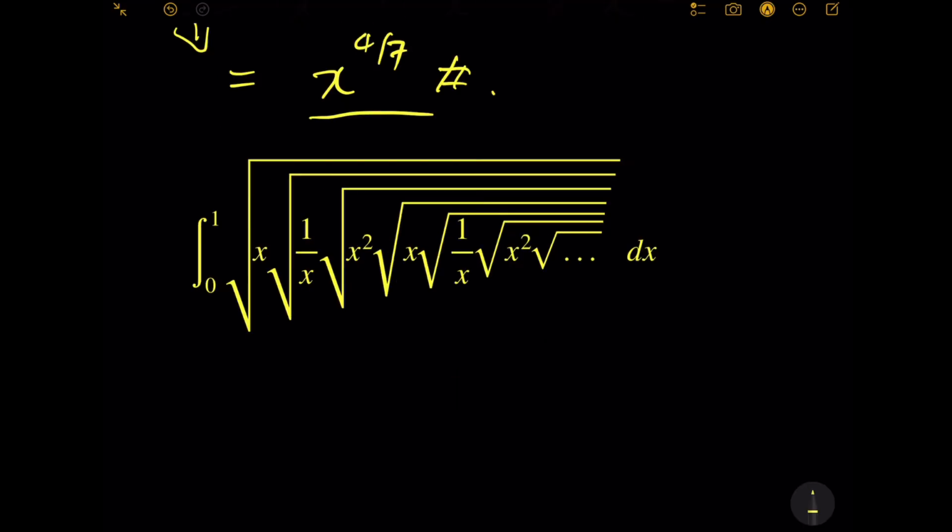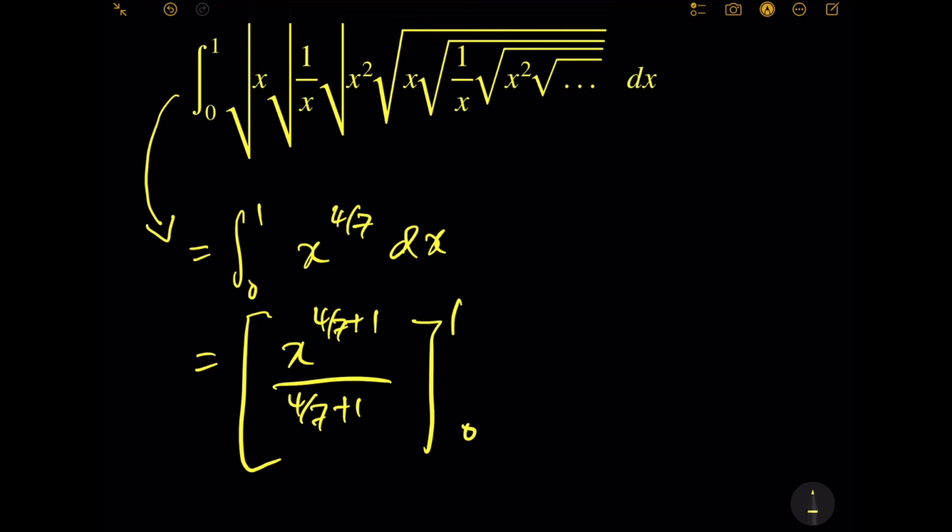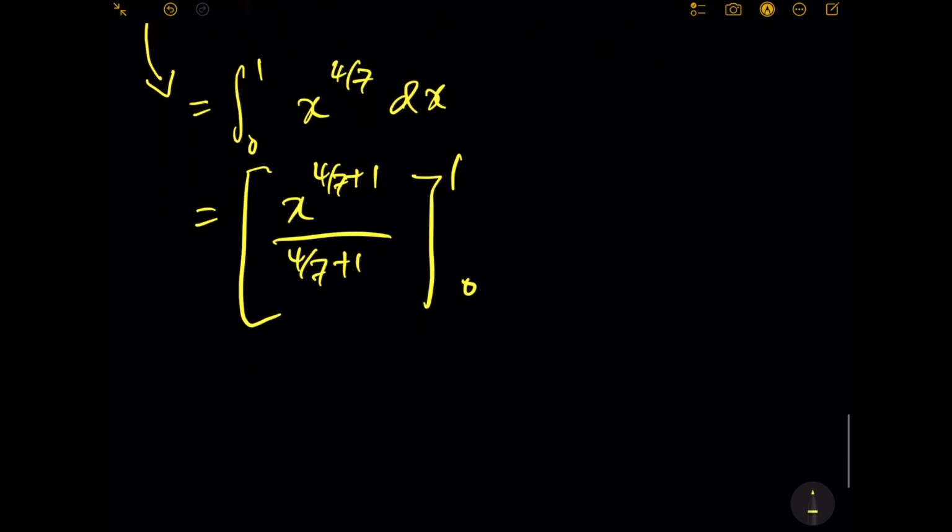Getting x power 4 over 7 is not the final answer, because we still have to solve the integral of x power 4 over 7 dx. So now it is obviously solvable, which is x power 4 over 7 plus 1, divided by 4 over 7 plus 1. 4 over 7 plus 1 is actually 11 over 7, so x power 11 over 7 divided by 11 over 7, from 0 to 1.